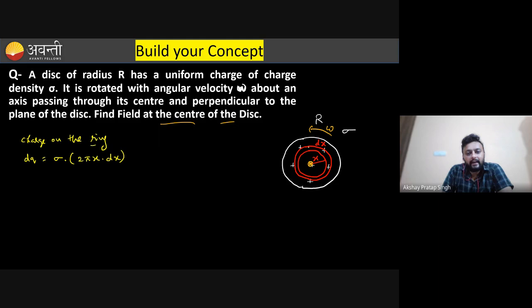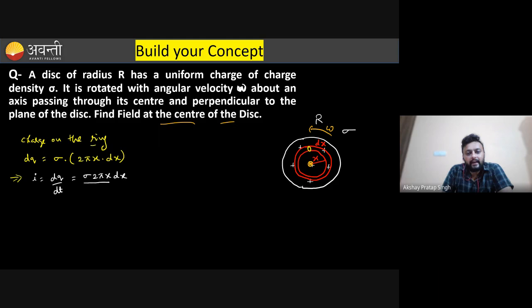Now, let's suppose this is a cross section of the ring. In one revolution, the charge will revolve a complete round. So the charge passing through this cross section in one revolution is this one. And current I is equal to dq over dt. Now we know that charge is sigma 2 pi x dx.